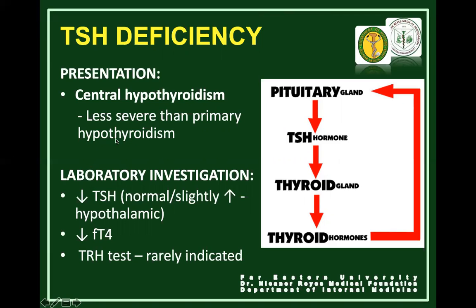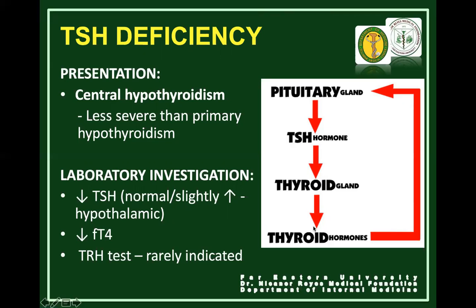Now, usually this is less severe than primary hypothyroidism. The reason is sometimes if you take out your TSH, the thyroid gland somehow has some stores of thyroid hormone. And without the secretion of TSH, it usually takes time before all your thyroid hormones will be depleted.